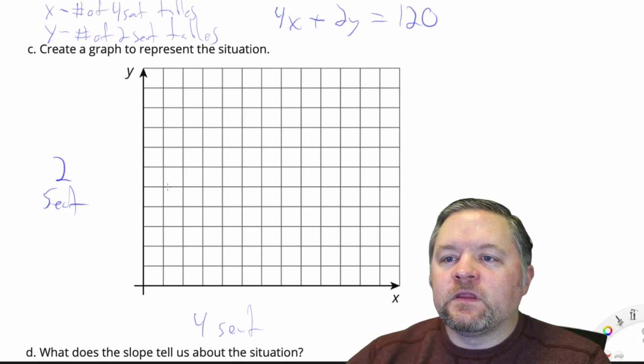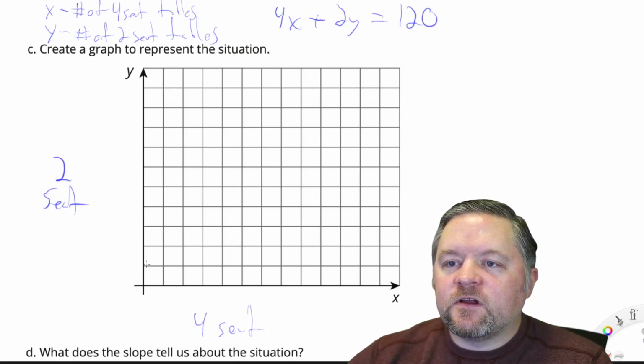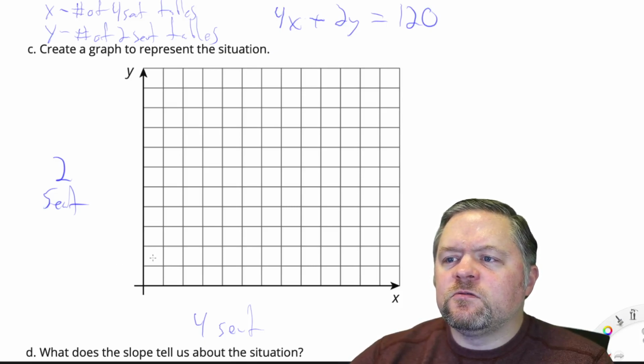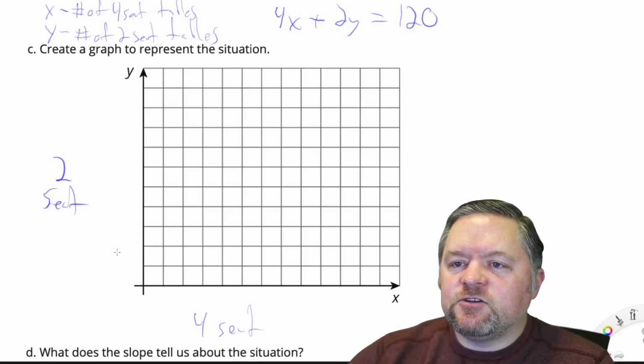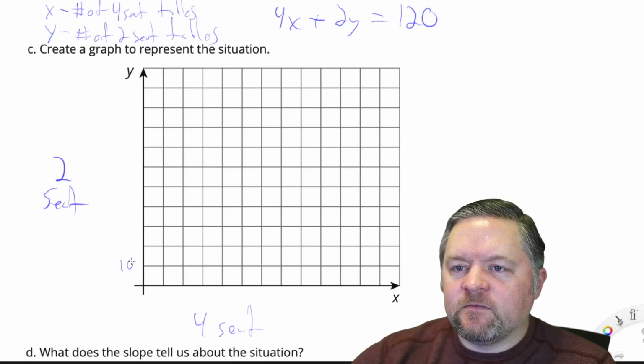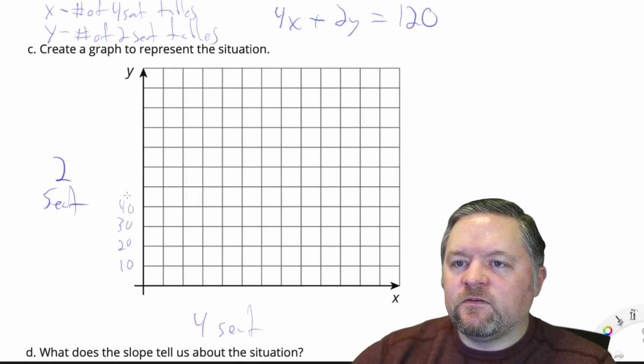Now, how high do we have to go? We have to go to 60 in one direction, 2-seat tables, so let's count by 10. 10, 20, 30, 40, 50, 60, 70, 80.